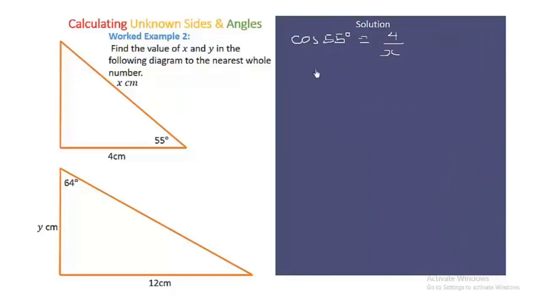So now we make x the subject to obtain x to be equal to 4 divided by cos 55 degrees. So x will be equal to 6.974. So to the nearest whole number, x will be equal to 7 centimeters.